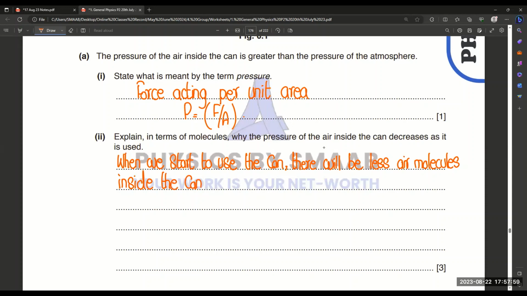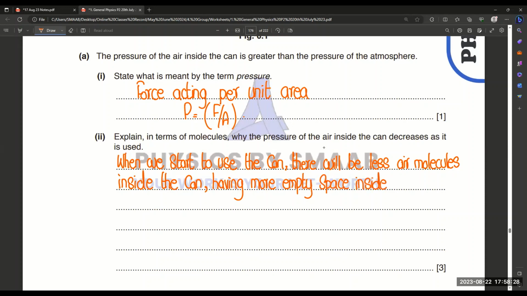And the next one is, we know that now we have fewer molecules, so it means we have more empty space inside, right? Space inside.